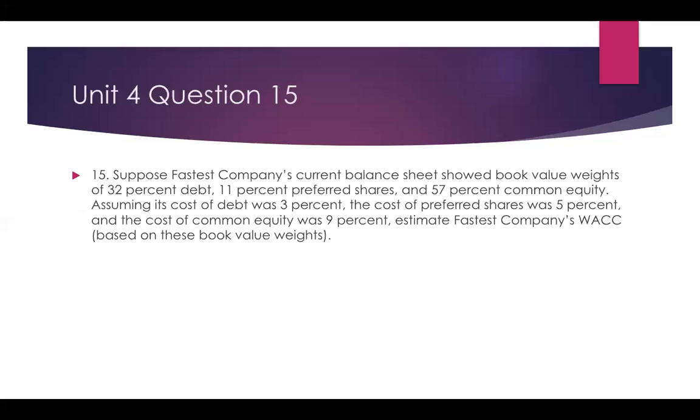Suppose Fastest company's current balance sheet shows book value weights of 32% debt, 11% preferred shares, and 57% common equity. Assuming its cost of debt is 3%, the cost of preferred shares was 5%, and the cost of common equity was 9%. Estimate Fastest company WACC.